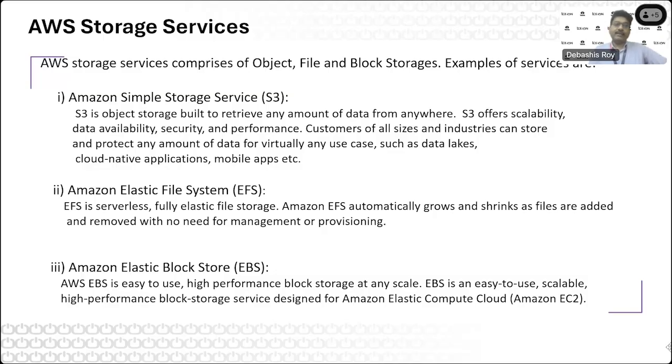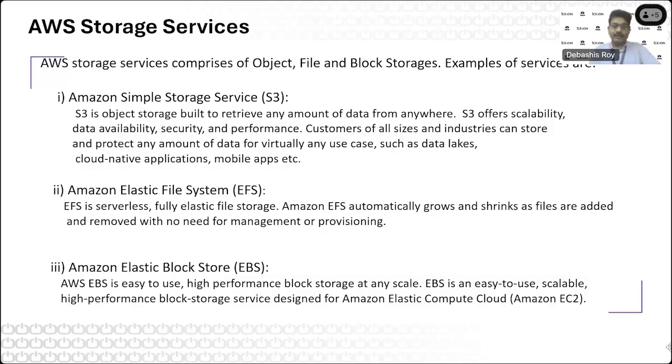You can use it for data lakes, cloud-native applications, and mobile apps. Data lakes are now booming in the market, where Amazon provides services like AWS Lake Formation, and you can use AWS Glue and even AWS Athena, through which you can query these data lakes and work with them.